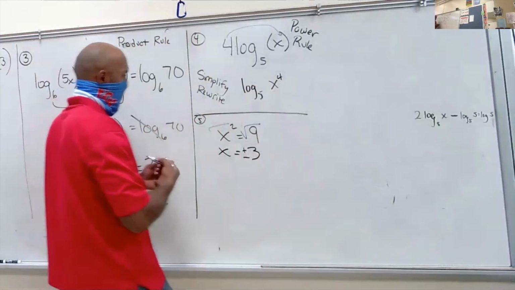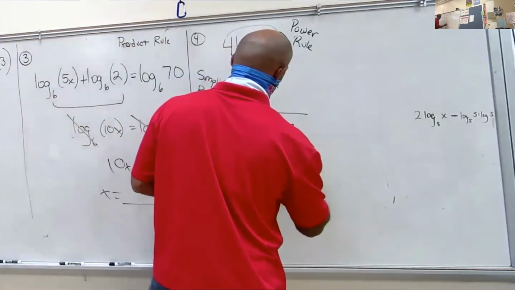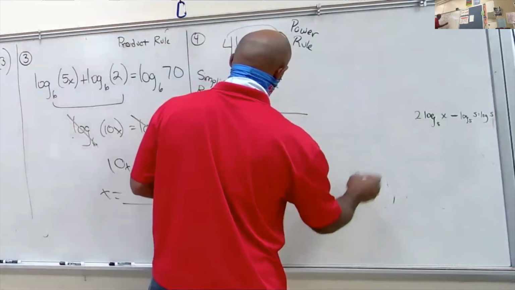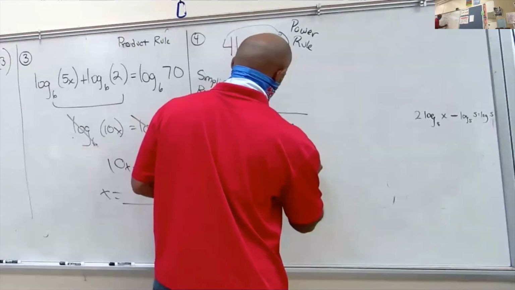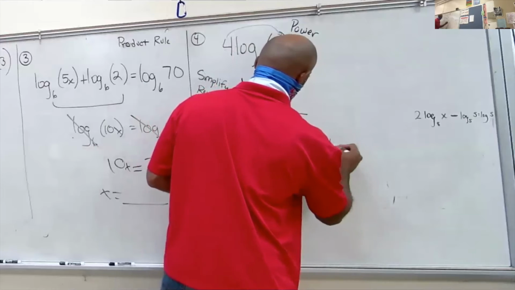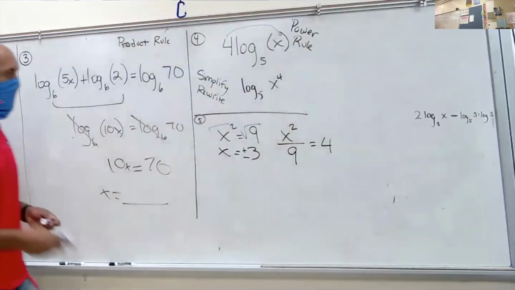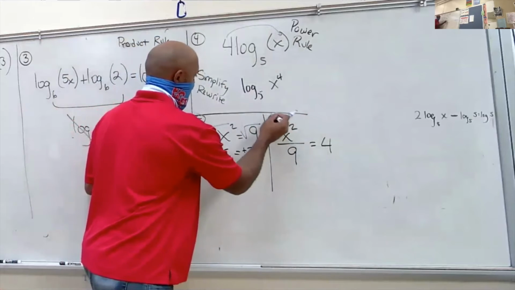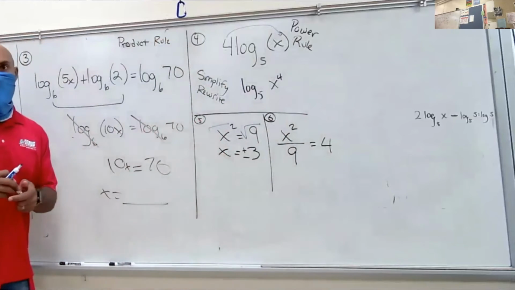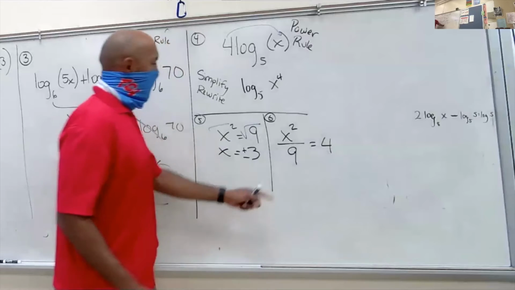All right, now, let's do one more like that. Let's do x squared over 9 equals 4. First thing, okay, I got to get rid of the 9, and then it's just like the last problem. All right, first we want to get rid of that 9.